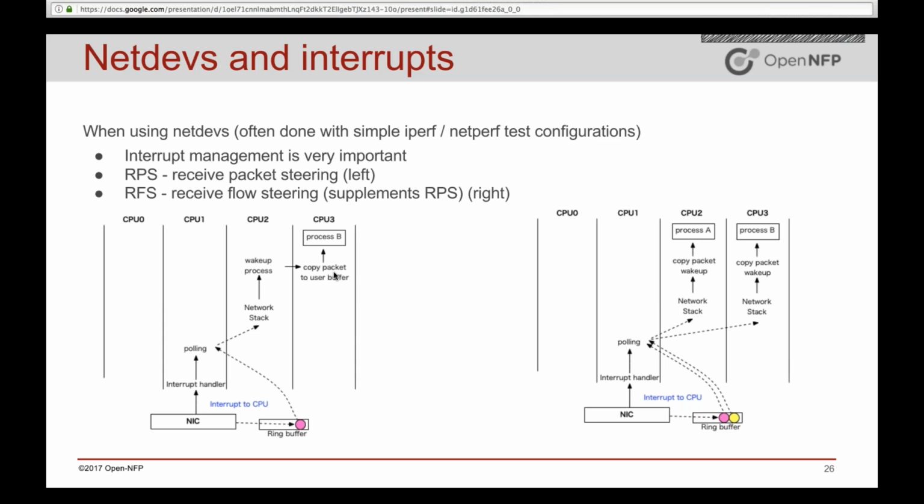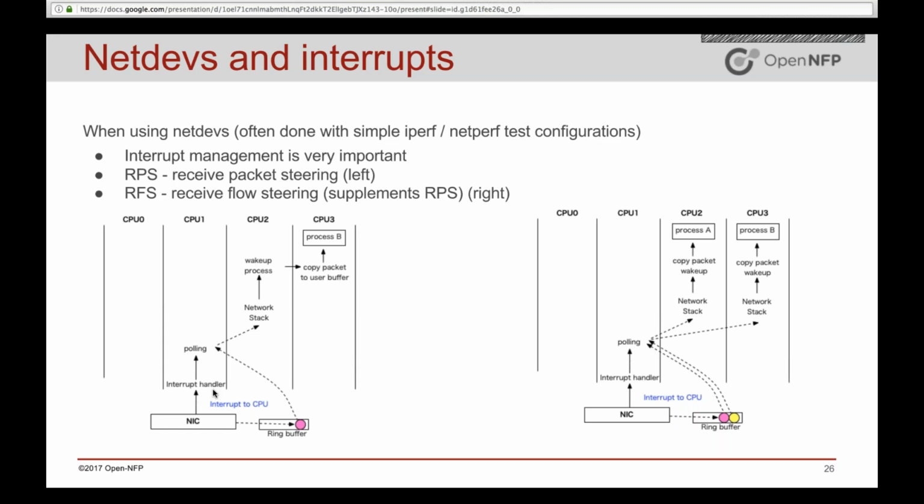The problem with this process is that the lowest level of interrupt handling could happen on CPU 1, the OS part of the processing might happen on CPU 2, and the user process might be running on CPU 3. And each of those transitions incurs a cost in context switching and possibly in packet copying. So by default, this is what you get.